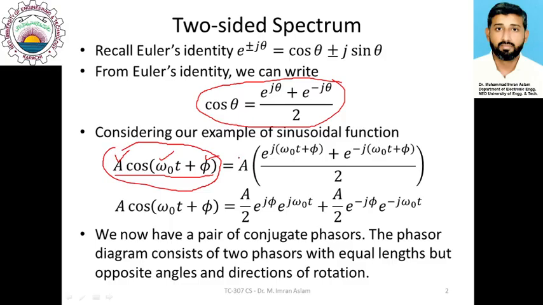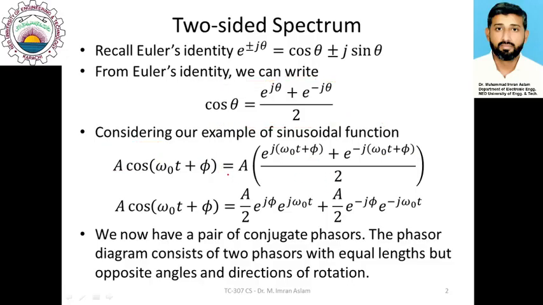The constant a remains the same, and theta is replaced by omega naught t plus phi at both places.